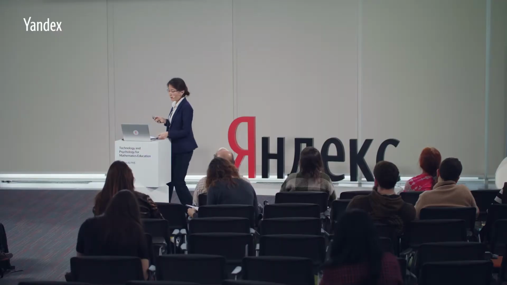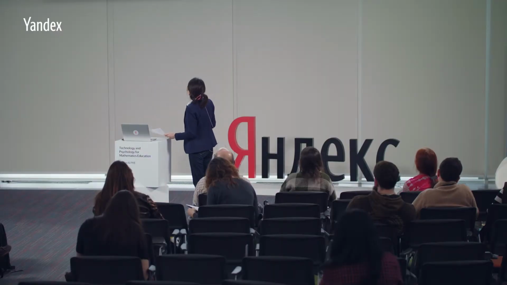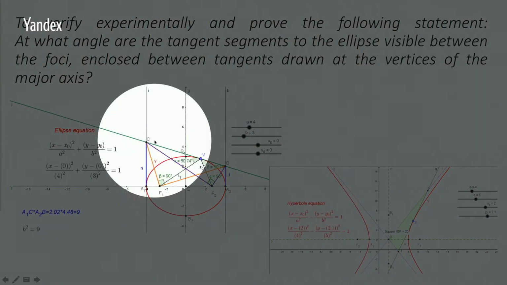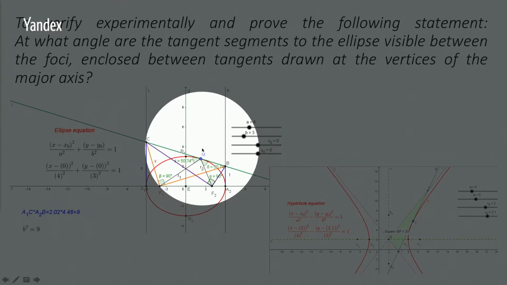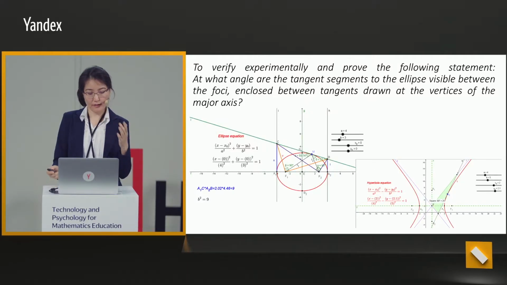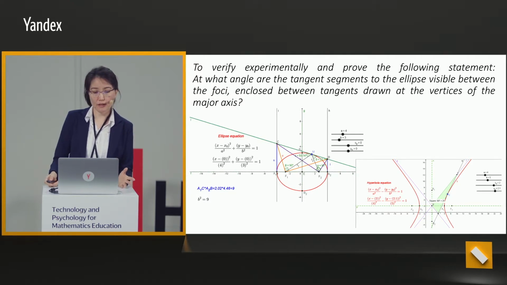For example, moving the point M along the ellipse, we see that the angles are straight. And then the students need to prove this statement, this proposition.